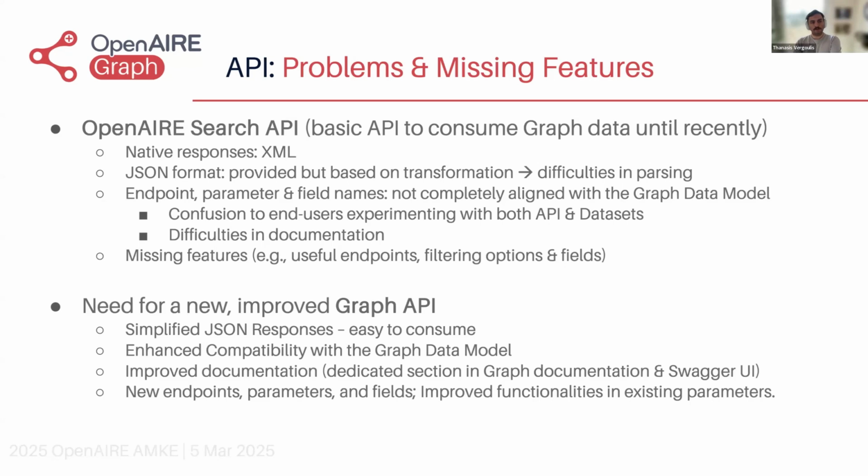So all this highlighted the need for the creation of a new improved Graph API that will serve our end users providing JSON responses, simplified ones that are easy to consume by scripts and also easy to understand by humans. We also aimed to enhance the compatibility of the API parameters, endpoints, and responses with the graph data model.